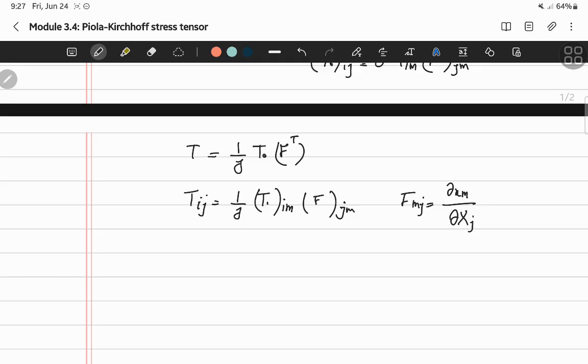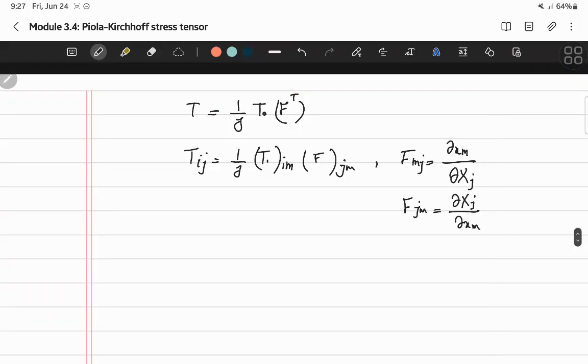And if we just write this as Fjm, so this is the transpose of Fmj, so we are writing capital Xj partial derivative with respect to small x m in here. So here you notice that one of the dyads is in reference configuration and one is in current configuration.